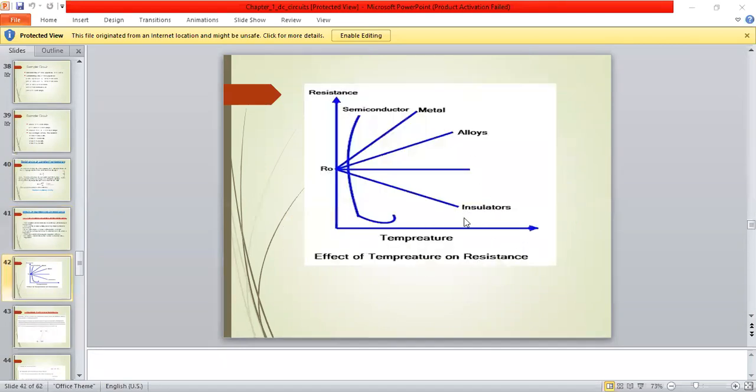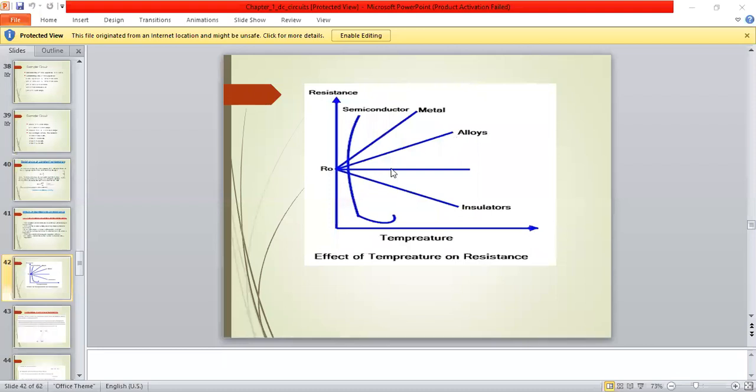So this is the graphical representation for the variation of resistance with temperature. Yes, see here, for the metals line, this one, there is an increase in resistance as the temperature increases. जैसे temperature increase होगा, resistance भी increase होगा. Similarly, for alloys, there is also increase in resistance with increase in the temperature.